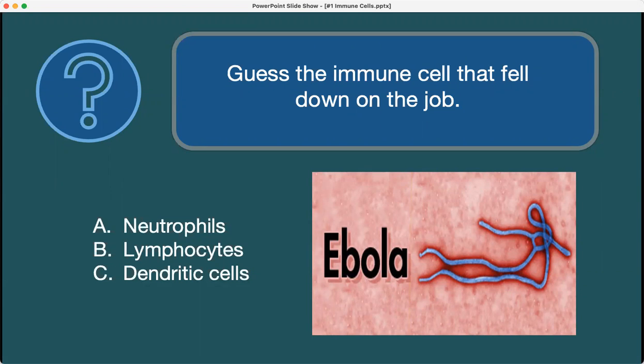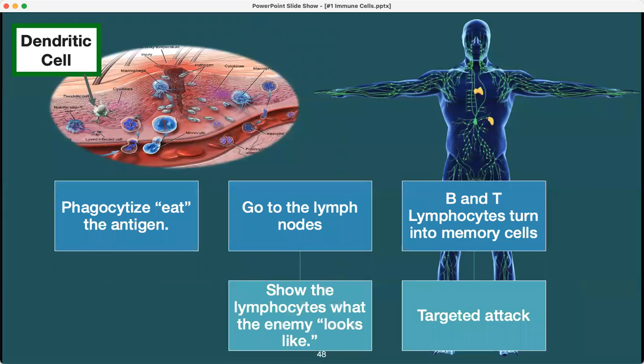So guess which immune cell fell down on the job? The answer is a dendritic cell. So the Ebola virus evades the dendritic cells. Remember, the dendritic cells eat the antigen, they go to the lymph node and show the lymphocytes what the enemy looks like. So B and T cells are these memory cells for targeted attacks.